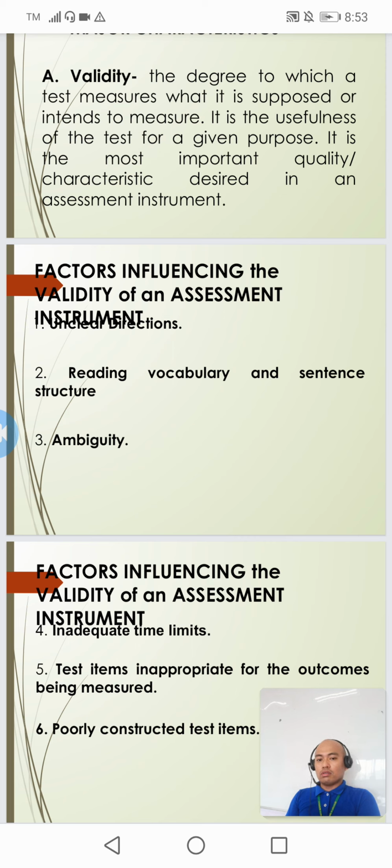Kapag hindi direct to the point, the possibility is the direction will be misleading, and students might be misled, and it will cause wrong answers. It will cause omission on these items, kasi hindi na nila alam kung ano yung gagawin nila, kasi in the first place from the direction, it is very vague.